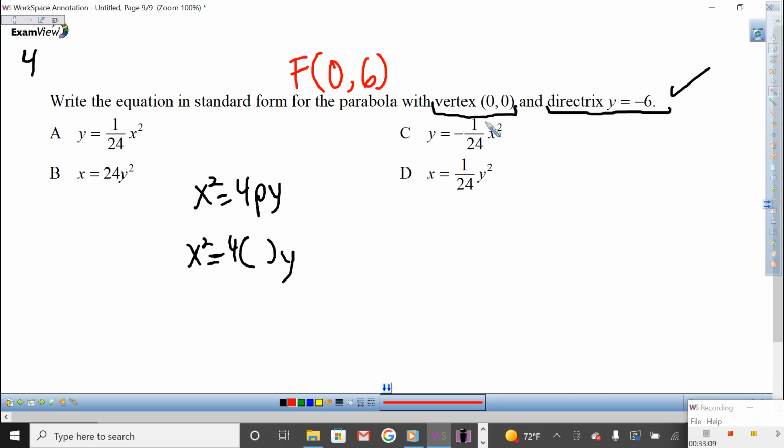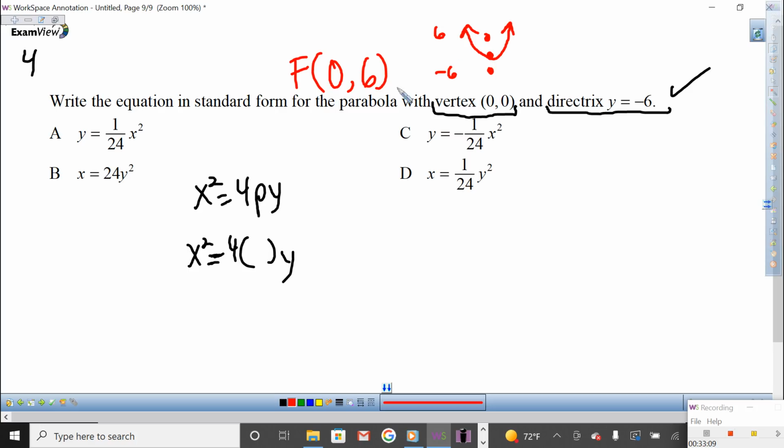Yeah, because the vertex is the same distance from the directrix as from the focus. And if you don't see it, here's my parabola. Here's the focus. Here's the vertex. Here's the directrix. These are equidistant. So if this one is at y = -6, which is here, this is at 0, 0. So what would be this one? 6.